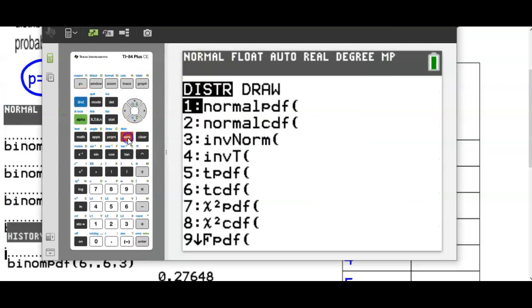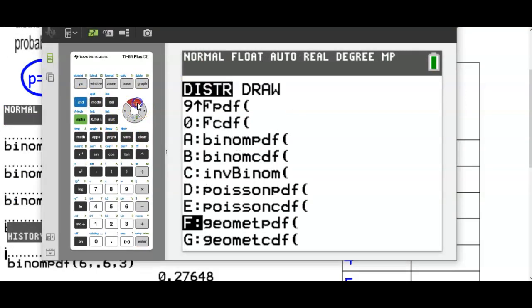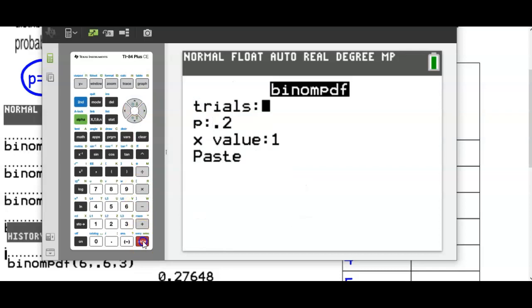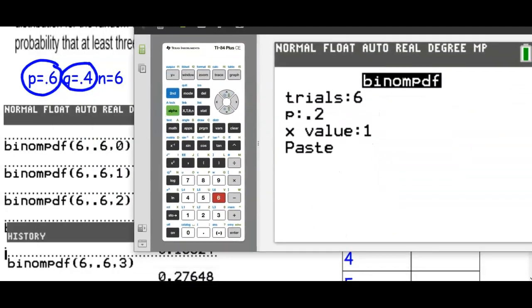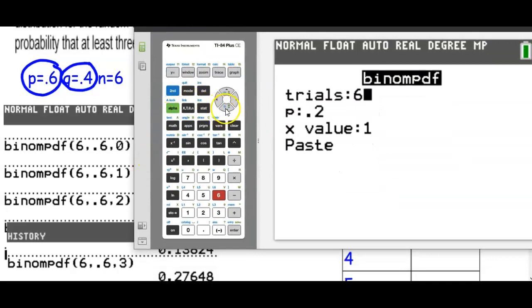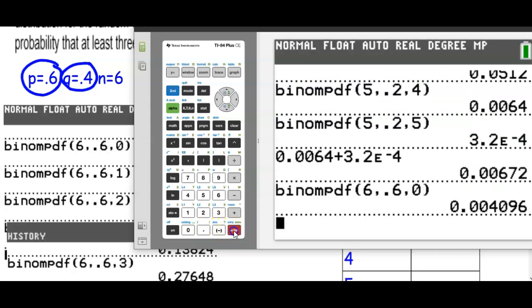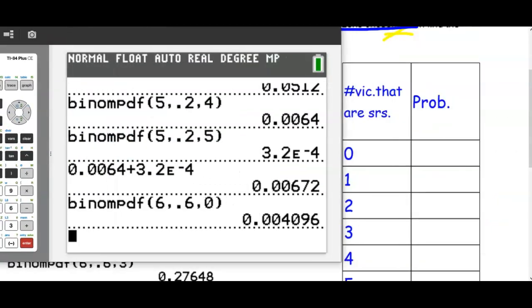It's second bars, scroll to choice A. This time there are 6 people we're asking, and the chance that they are senior citizens is 60%. And we would start with the chance that out of the 6 we ask, no one is a senior citizen, and that would be a very small chance, okay? 0.004.